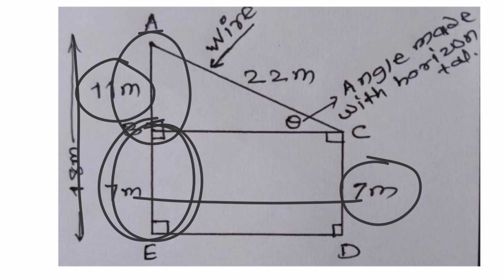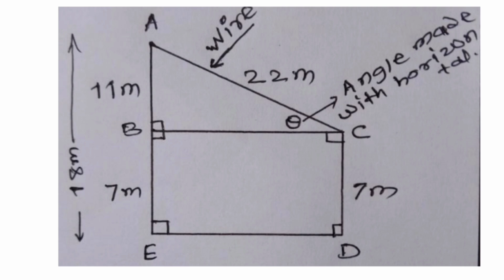Now we know the length of the wire fastened is 22 meter. Therefore, in right angle triangle ABC, by using this information, AB is equal to 11 meter and AC is equal to 22 meter, we will find the measure of angle theta, or angle ACB.